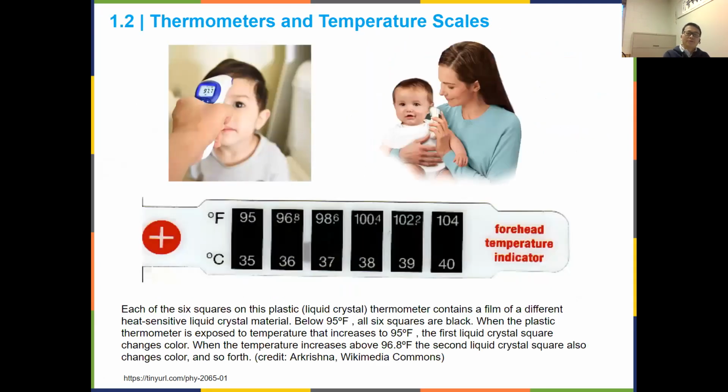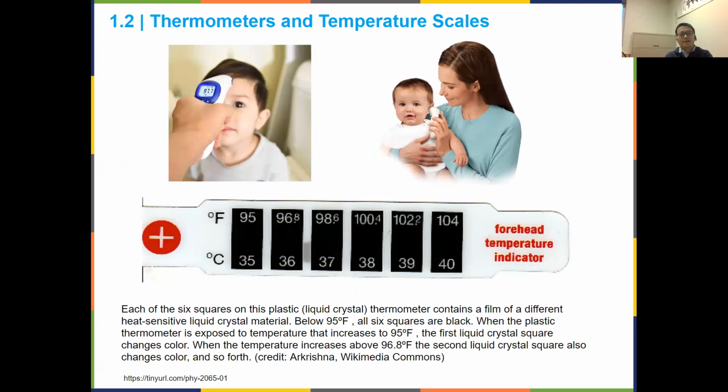These days, you probably are using digital thermometers, which measure temperature more conveniently. Typically, a digital thermometer would have both settings, Fahrenheit and Celsius. You can actually switch from one to the other. So if you are traveling to another country, it will be very convenient for you.